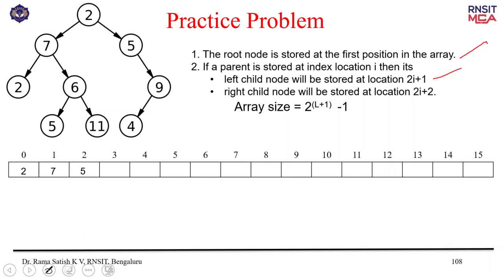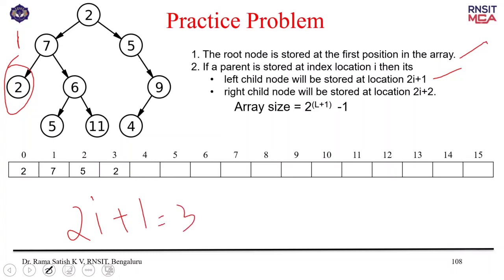Now, next element is 2. 2 is the left element. So you have to apply the formula 2i plus 1. i is nothing but the 7's index number, which is 1. So 2 into 1 is 2, plus 1 is 3. So 2 is going to be stored in 3.